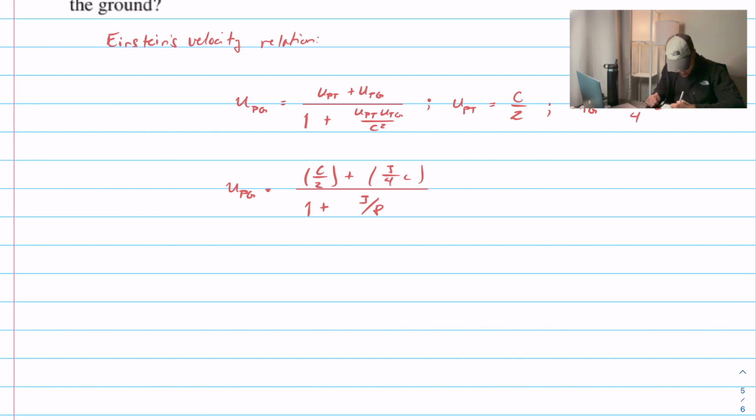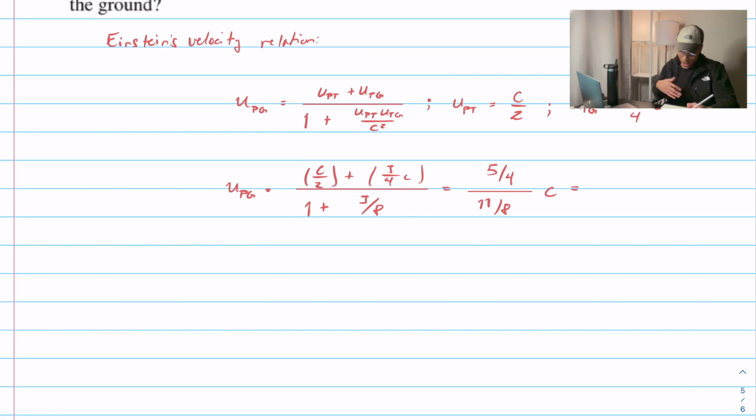And so then what this will equal is 1/2 plus 3/4, multiplied by c. That gets us 5/4 in the numerator. And in the denominator, we have 8 over 8 plus 3 over 8, so that gives us 11 over 8, and then we multiply this by c.